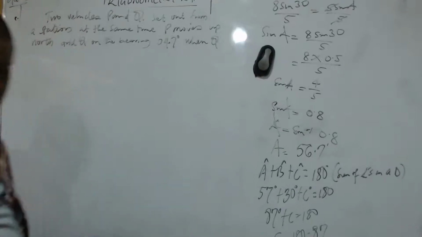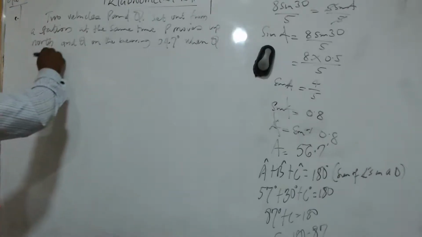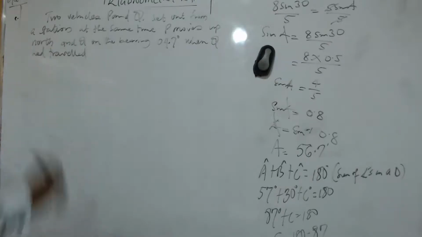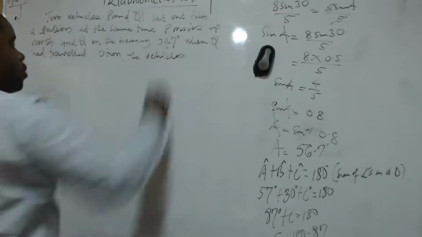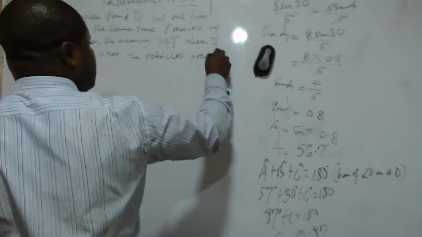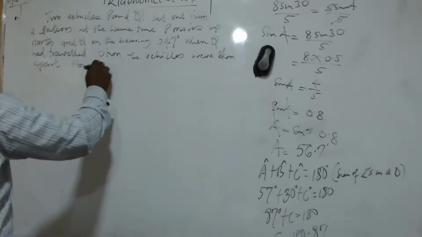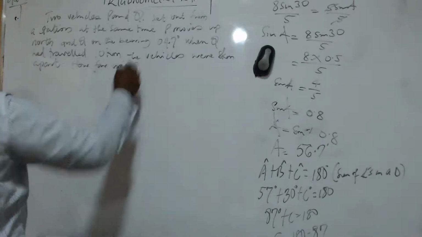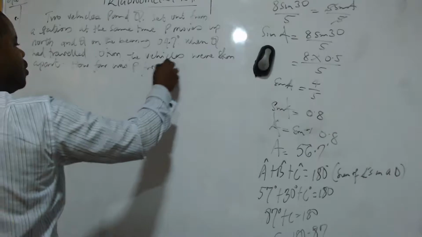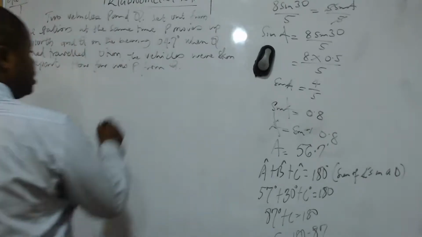When Q has traveled 10 kilometers, the vehicles are 8 kilometers apart. How far was P from the station?